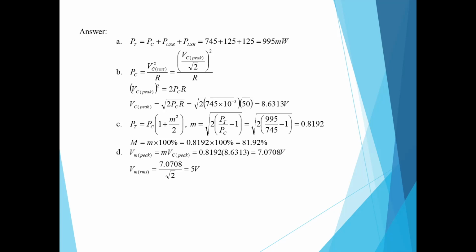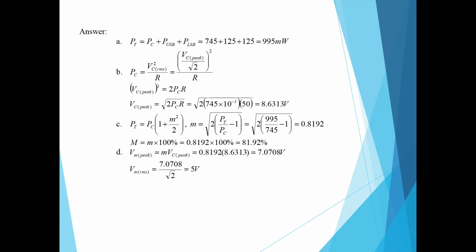Remember that the basic part is that V peak is equal to VRMS multiplied with square root of 2.